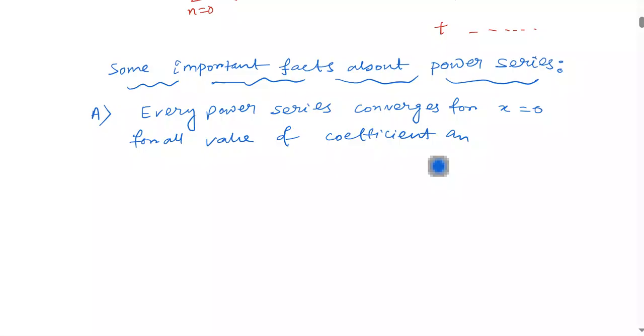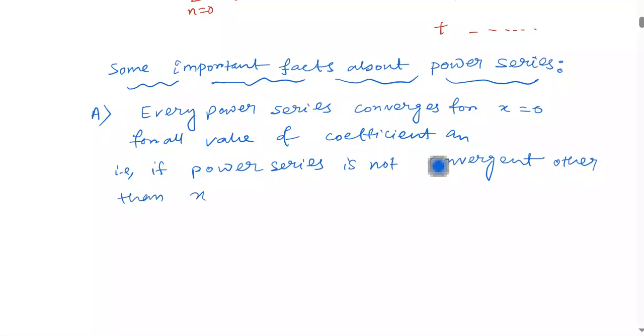That is, if a power series is not convergent other than x equal to 0, then the series is called nowhere convergent.